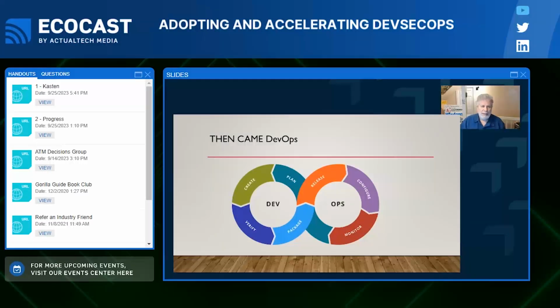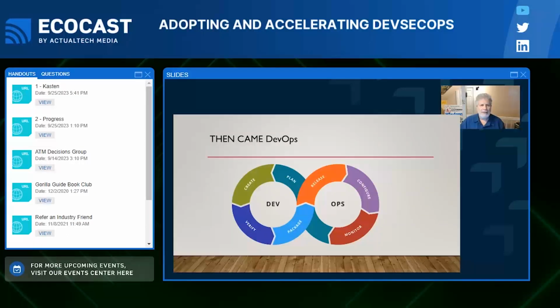So then separately, about 10 years ago, frustration with inefficiencies resulting from the separation of the development and IT staffs led to a movement called DevOps for the integration of the two staffs into a single systems development lifecycle, which is the SDLC.